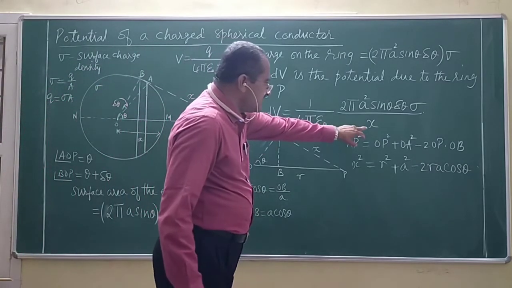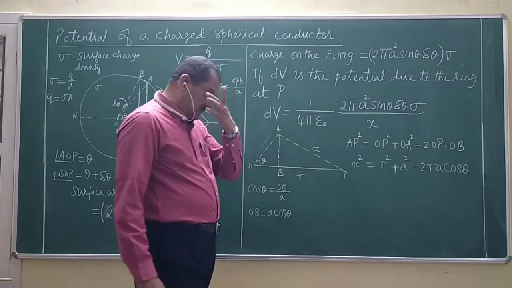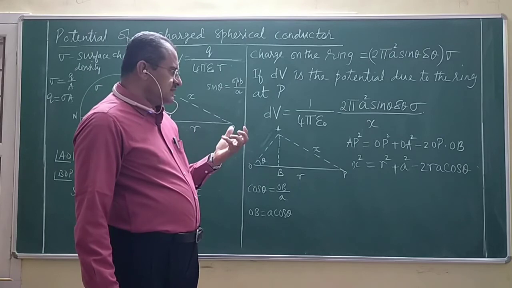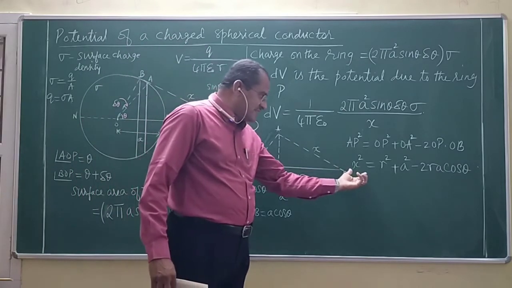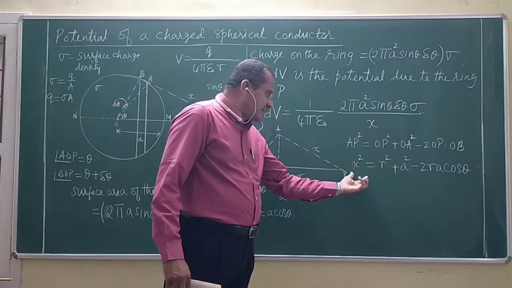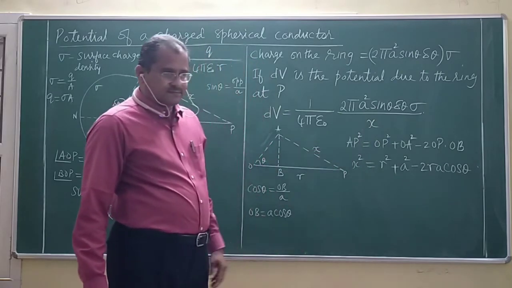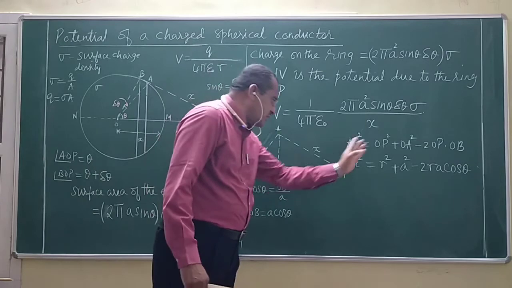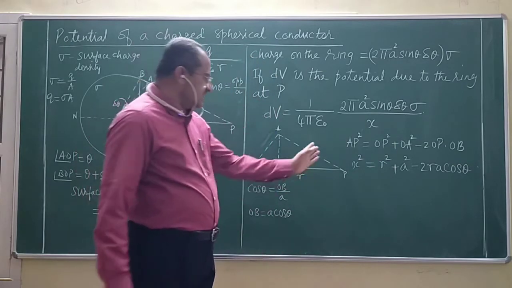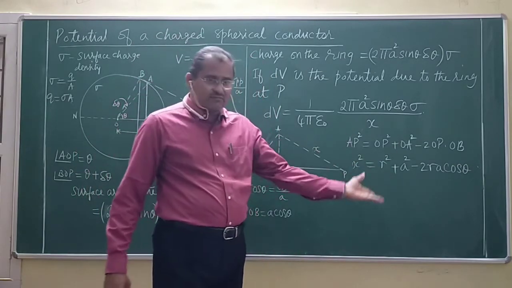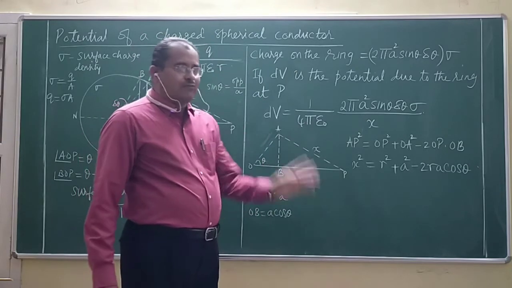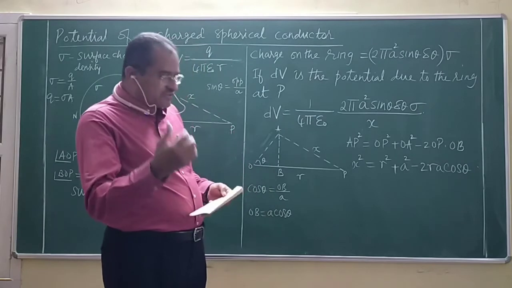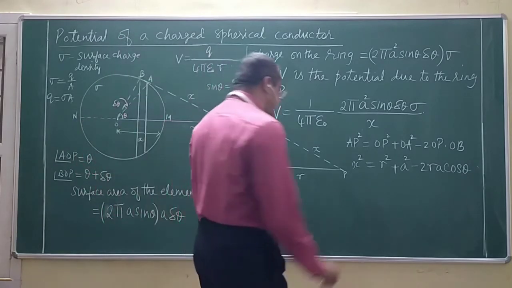In my expression, there is an x. What I am going to do is something with this expression to get the value of x. Somebody will say, sir, take the square root of it. Fine, if I take the square root, certainly I am going to get x. I am not going to do that. Instead, I am going to differentiate this expression with respect to x.